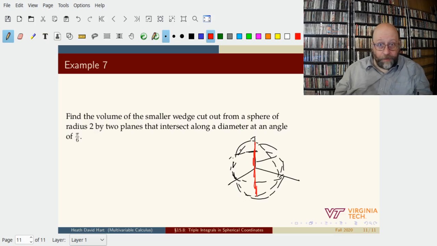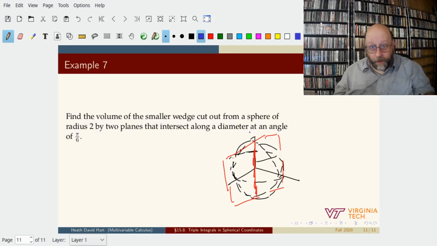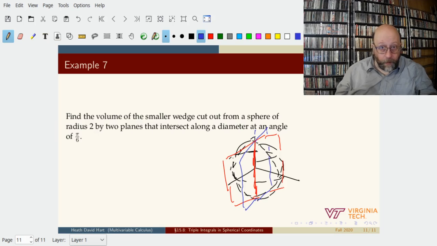So the two planes intersect along the diameter at an angle of pi over 6. So the angle between these is pi over 6.